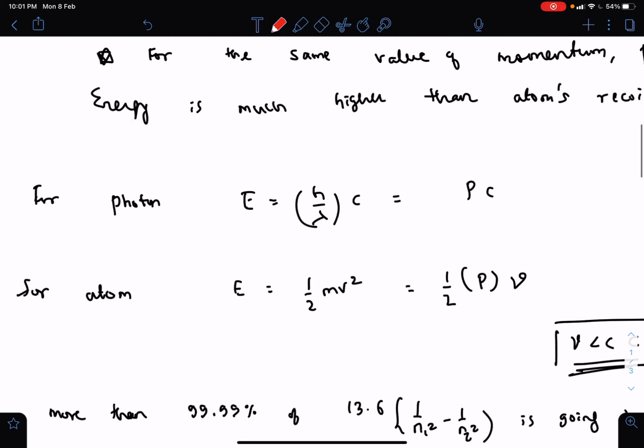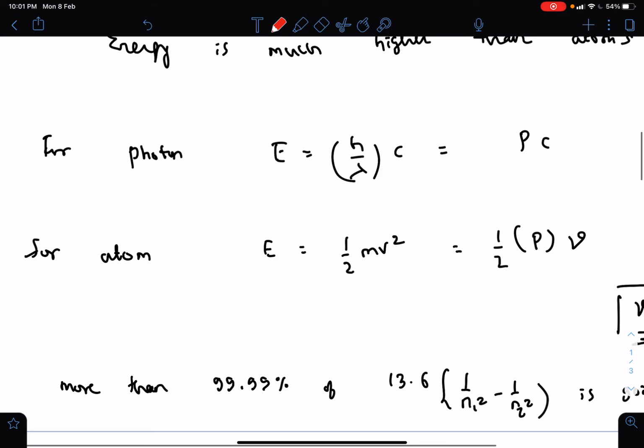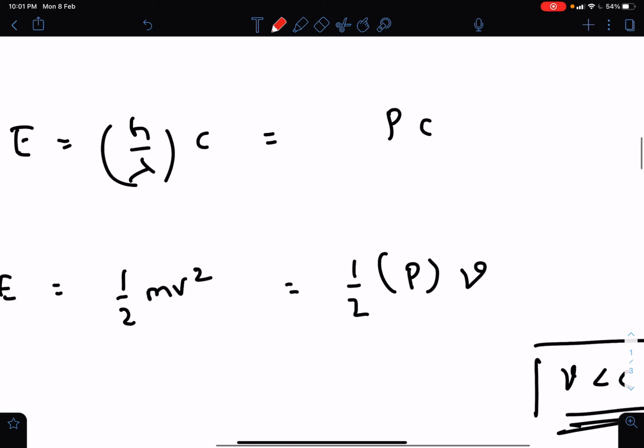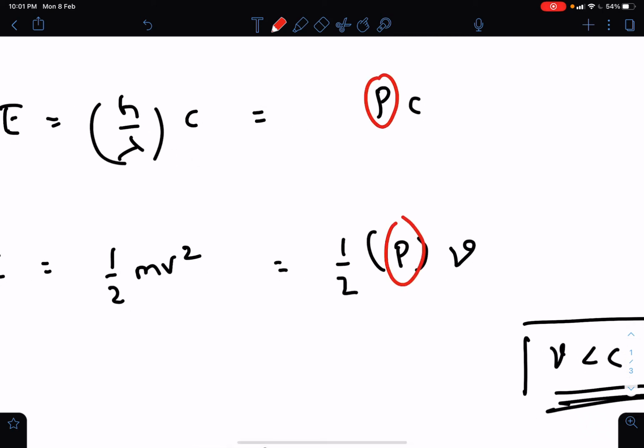Why? Because for the photon, the energy is equal to Pc. For the atom, the energy is half mv squared, which is half pv. The momentum is the same, but the velocity of the atom is very small, whereas here we have the speed of light c, which is 3 into 10 raised to 8, much higher than the recoil velocity of the atom.